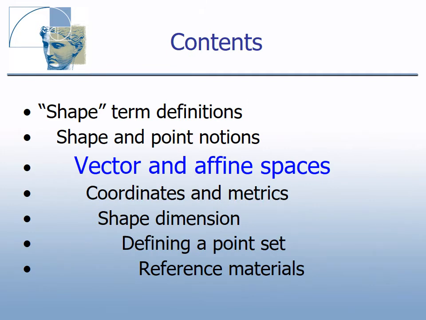If you are not scared by these formal terms, in the previous slide we can define in more detail how vectors and points are introduced in linear algebra and analytical geometry. We need the notions of vectors and affine spaces for this.